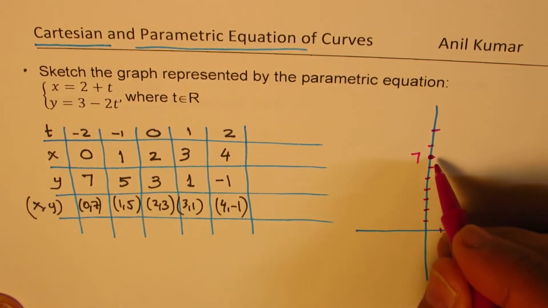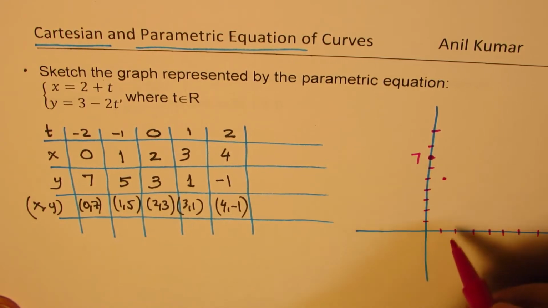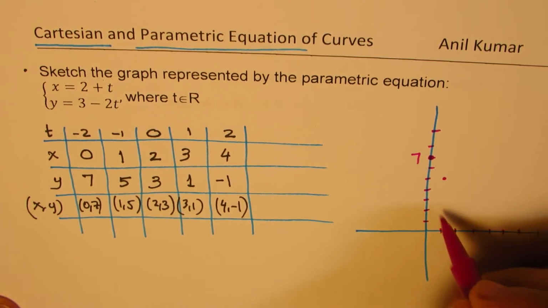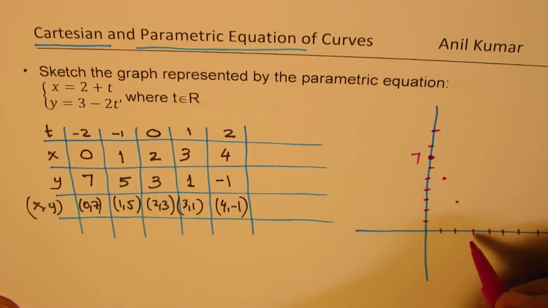So it is kind of coming down, right? And at 4 we have minus 1, correct? So 1, 5, 2, 3, and then we have 3, 1. So at 3 we have 1, and at 4 we have minus 1.